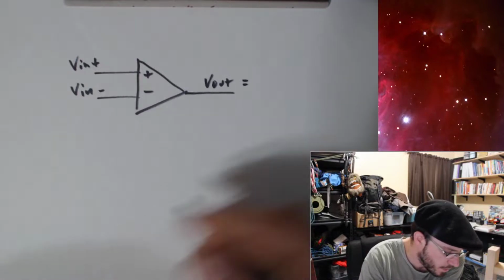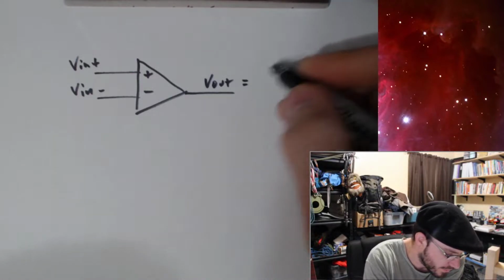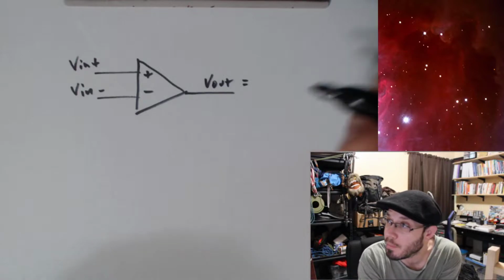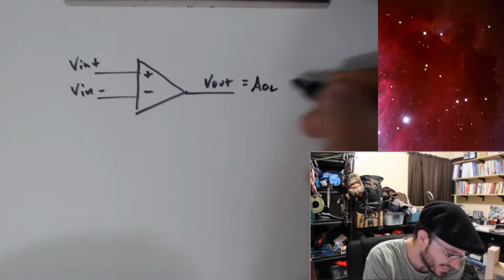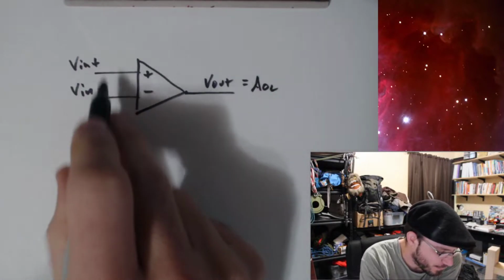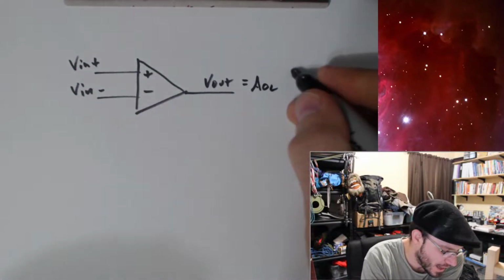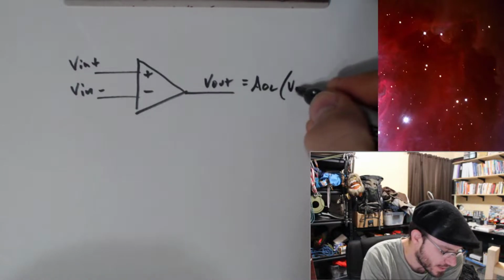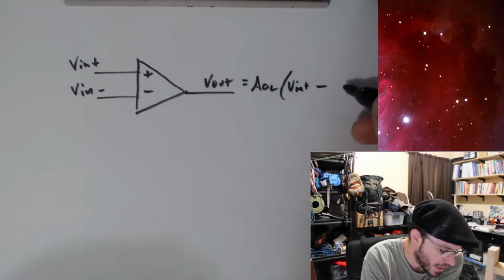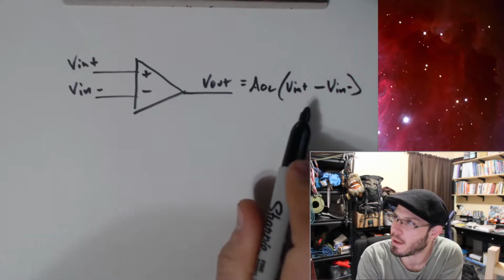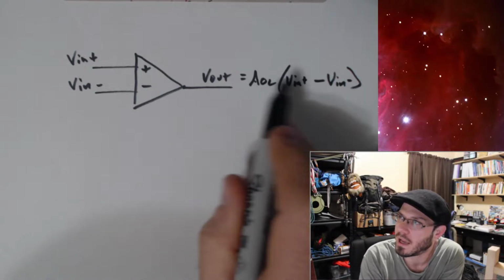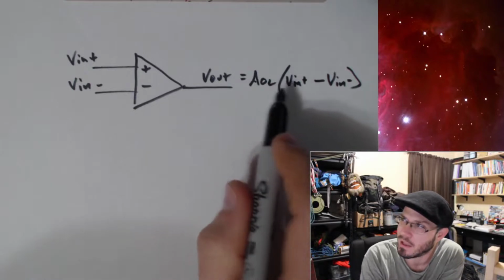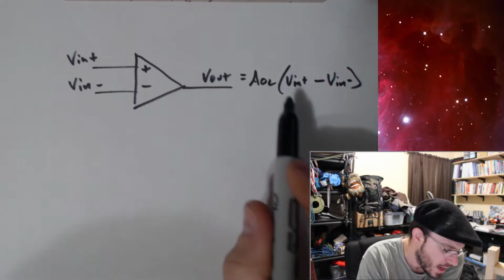V out is going to be equal to the open loop gain, A OL, times the difference between these two inputs. So you have V in plus minus V in minus. So we have a differential amplifier, is my point. The difference between these two multiplied by some gain, hence some amplification.